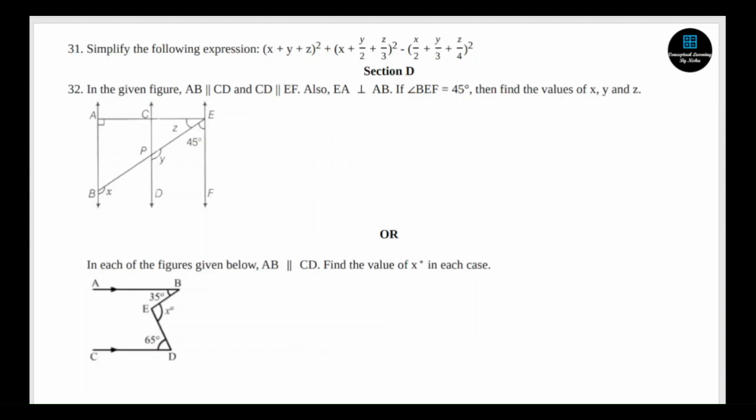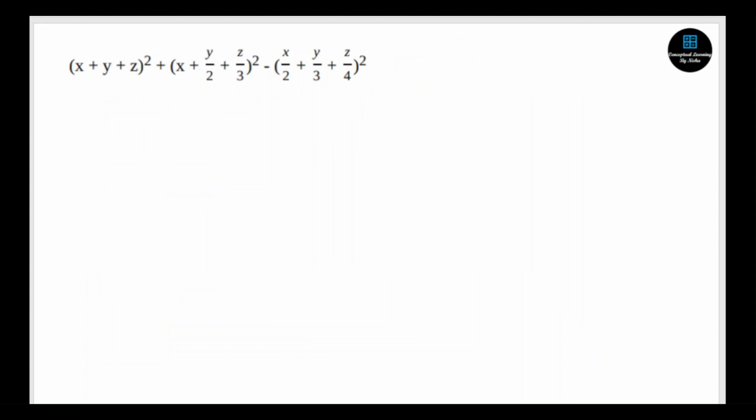Now here, to solve question 31, we have to apply the identity, right? So let me just take this. The identity: (a plus b plus c) whole square equals a square plus b square plus c square plus 2ab plus 2bc plus 2ca, right? Alright, so I'll use this identity for all of them.